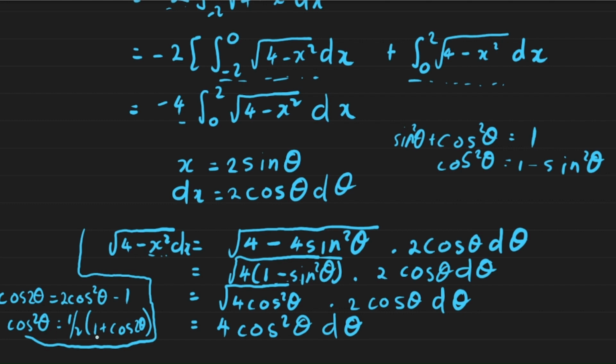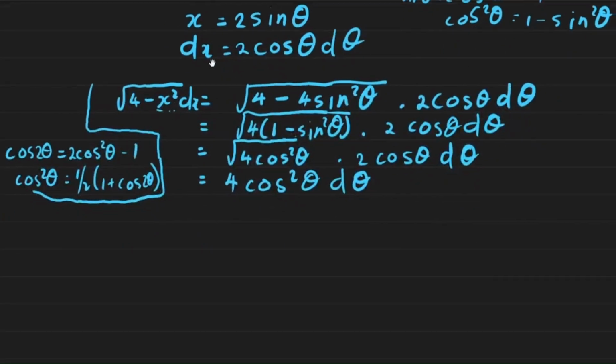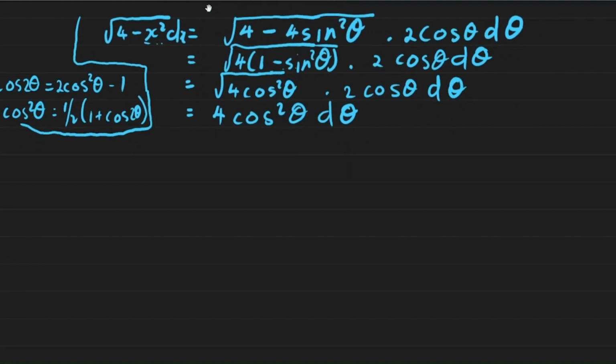So we're just going to substitute that in as well. So the 4 times the half is just going to give us 2. So we have 2 into 1 plus cos 2 theta d theta. So this is what our integral becomes.